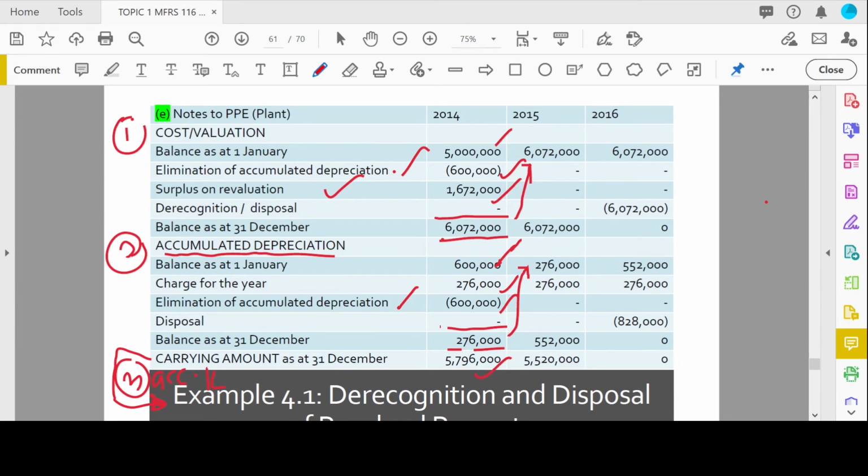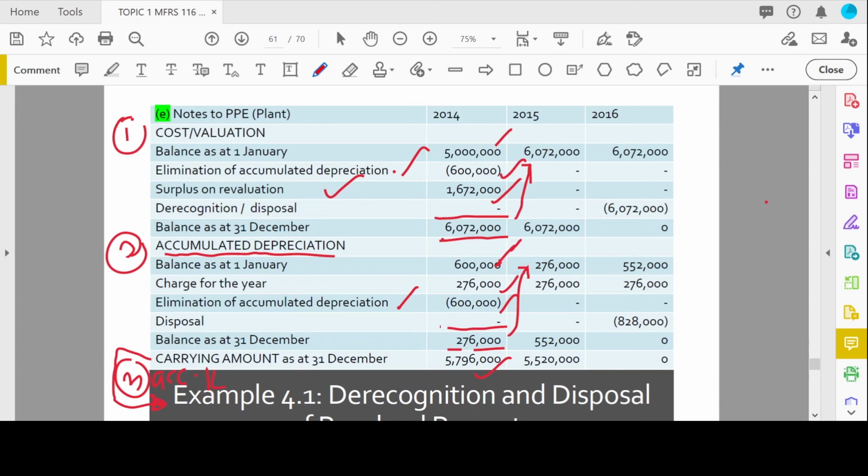What happened in year 2015? Nothing much, except that we provide for depreciation and then we transfer to retained earnings some of the revaluation surplus amount. So the transaction that affects the preparation of notes to PPE is only the new depreciation.